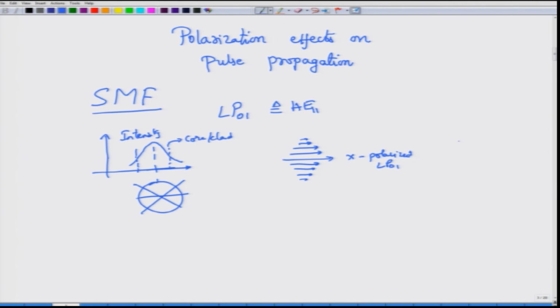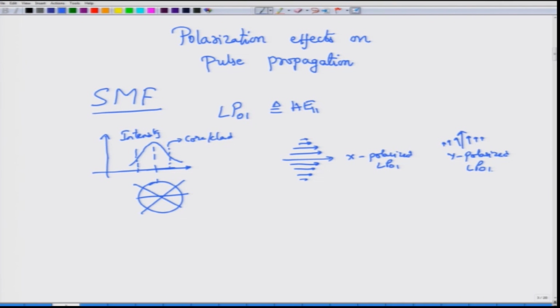And then you can of course have a polarization that would be vertical. Since this is the x horizontal line and this vertical line is the y direction, this would be called the y polarized LP01 mode.